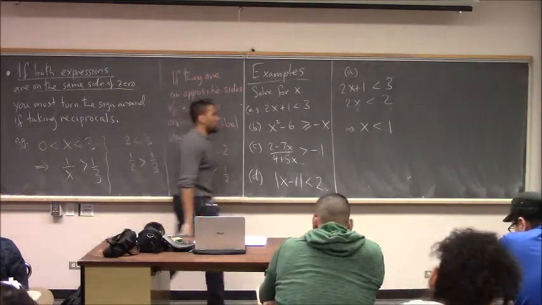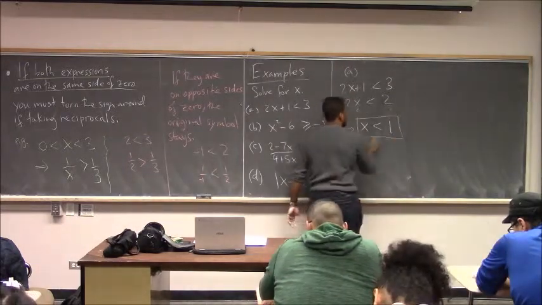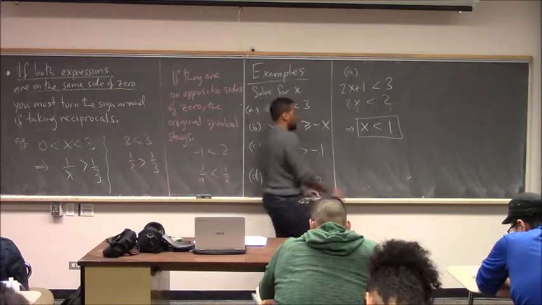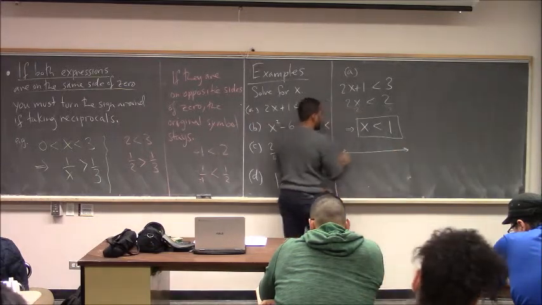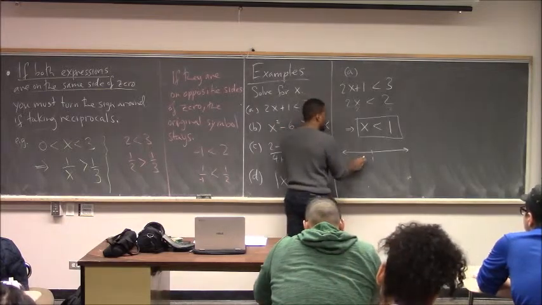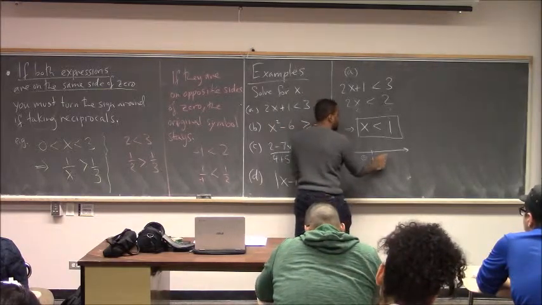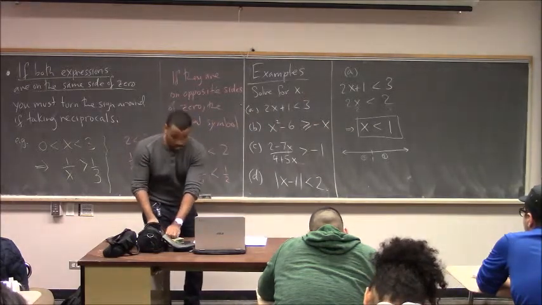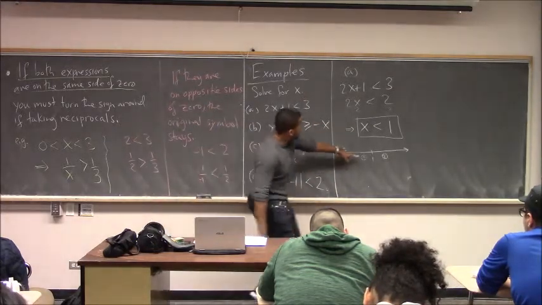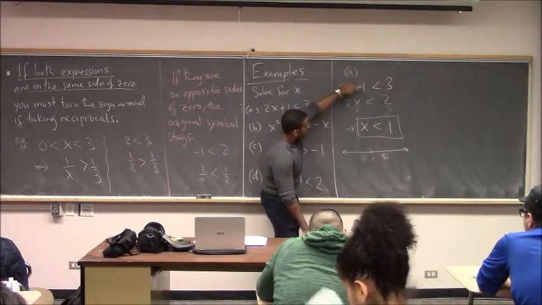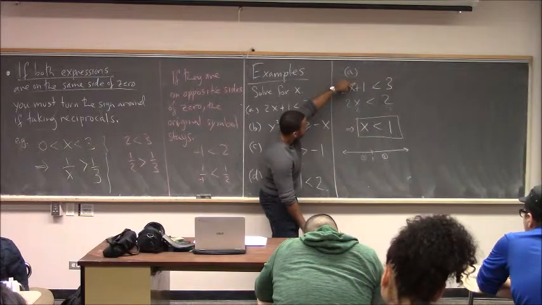Now there's not much to check here. This kind of gives us what we want. But you can see here on the number line, if I were to check something that's less than 1, like a 0, versus something that's bigger than 1, like a 2, you'd realize that if I plug 0 into the original, this would be 2 times 0 plus 1, right?